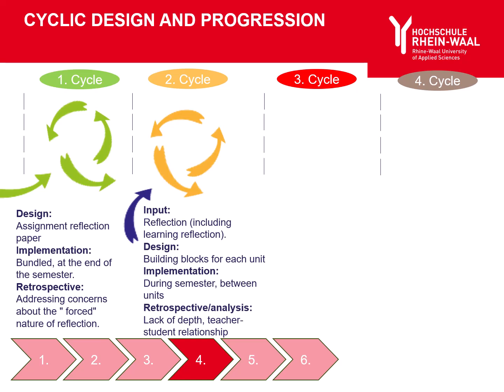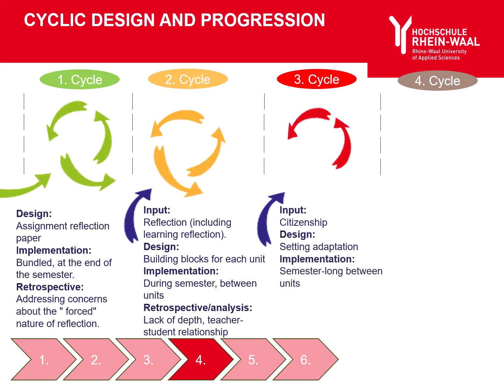To address this between the second and the third cycle, citizenship, or more generally the goal of academic education, was then addressed, which again led to an adjustment in the design. However, this was more in the setting for framing of the task. Otherwise, the implementation was the same as in cycle 2.